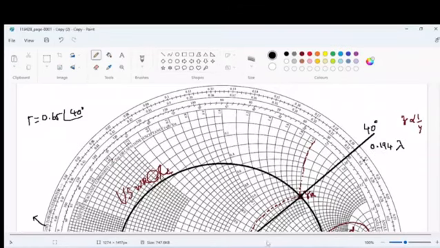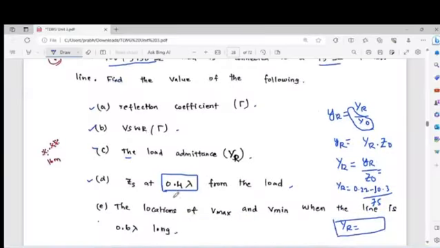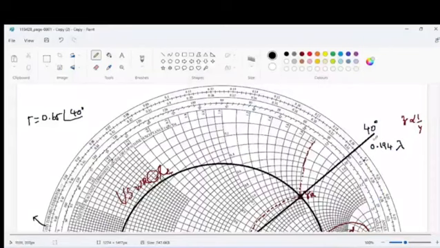From this, how many lambdas do we need to travel? 0.4 lambda. For that, from this 0.194 lambda, you have to add the value 0.4. So what is 0.194 lambda plus 0.4? 0.594 lambda.